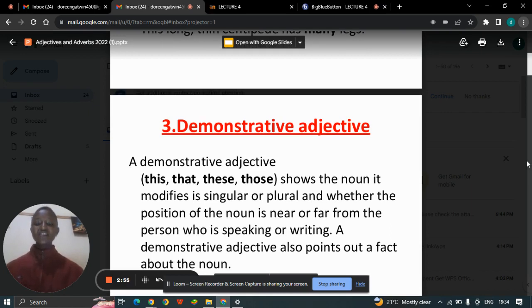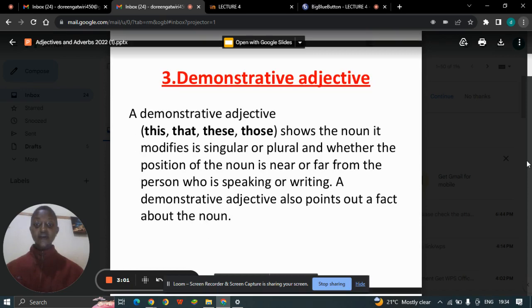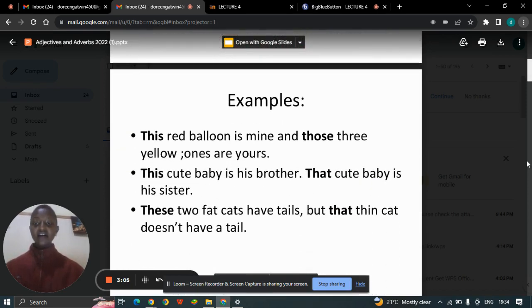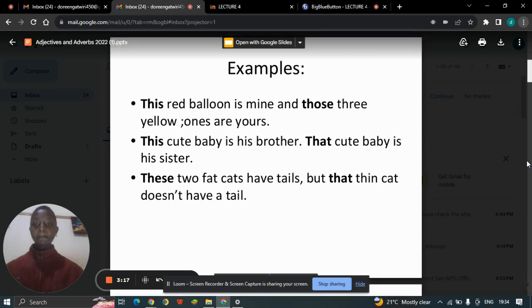A demonstrative adjective also points out a fact about the noun. Example in a sentence: this red balloon is mine, and those three yellow ones are yours. So this and those are used as demonstrative adjectives.